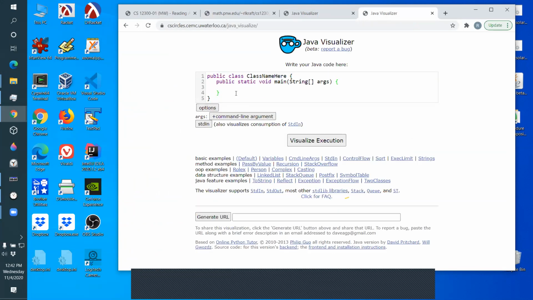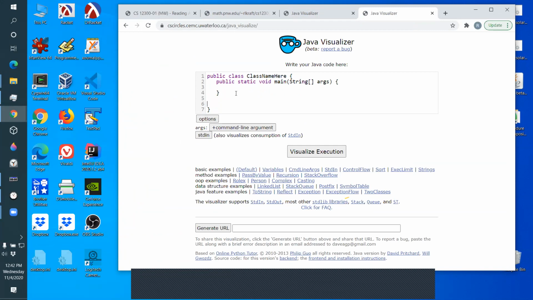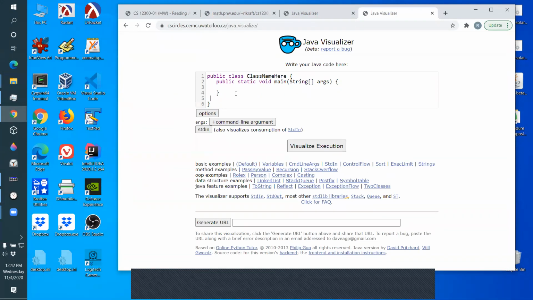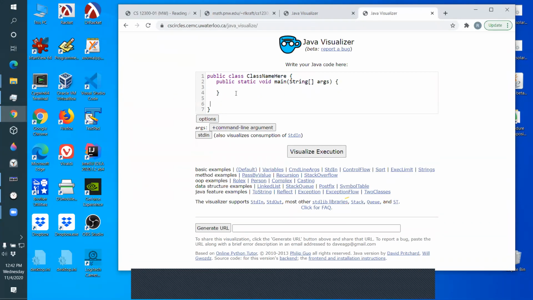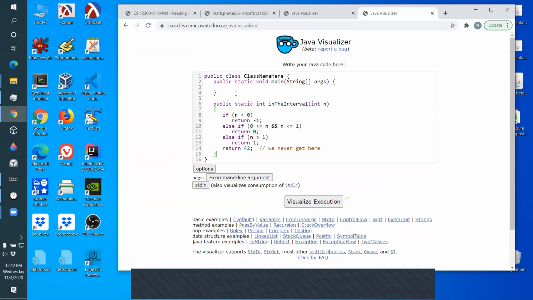Okay, it's another method, so I won't replace what's in the visualizer. I'll add this method to what's there. So now there's the main method, and I can use the main method to test this method. Okay, and again, it's real similar.